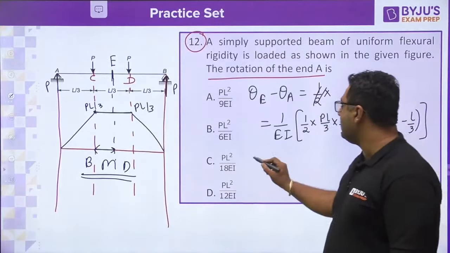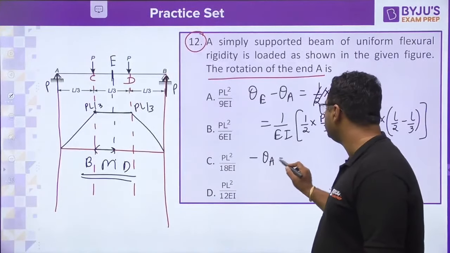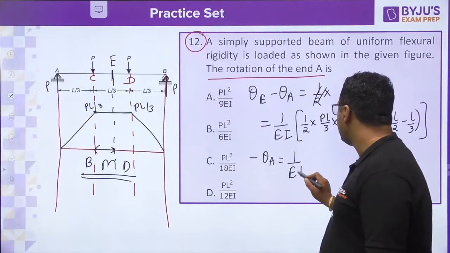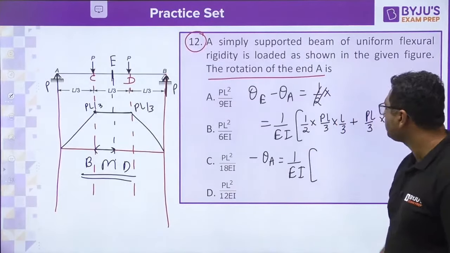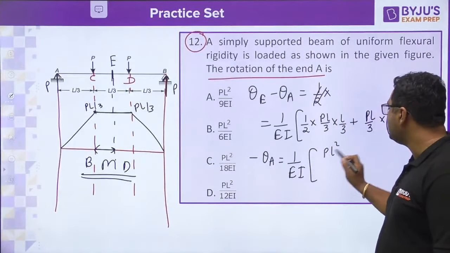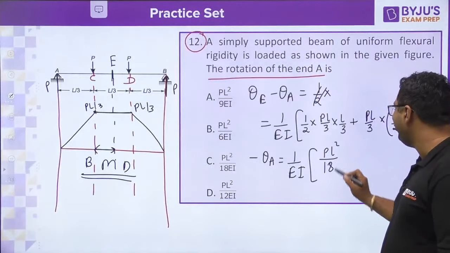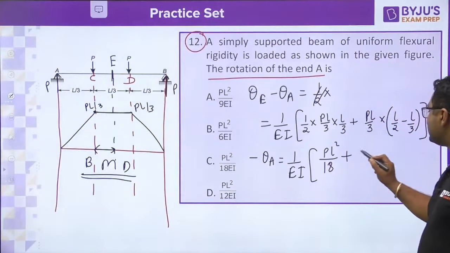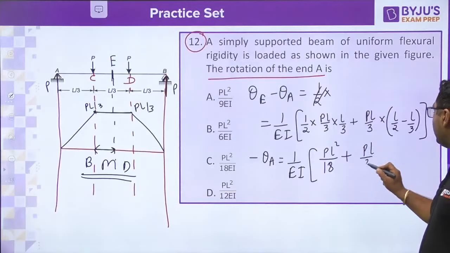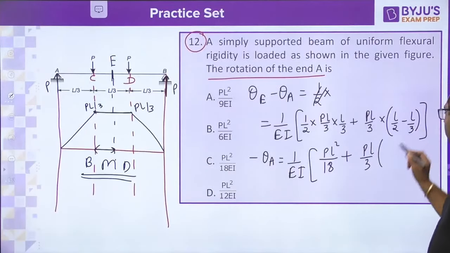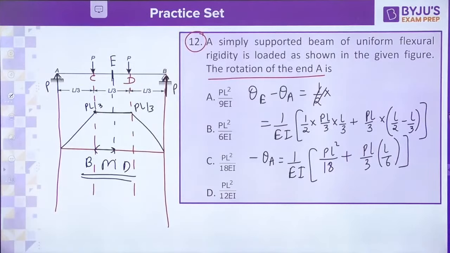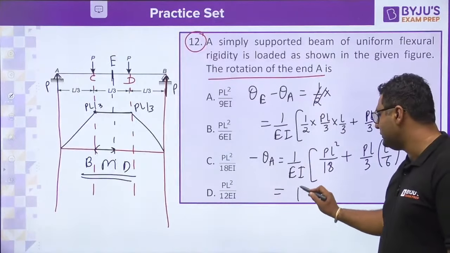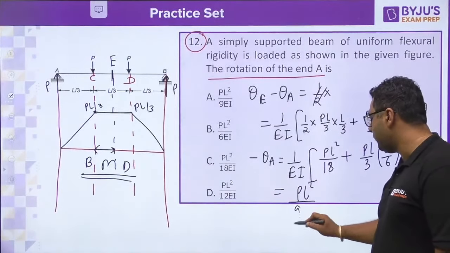So you will be getting minus of theta at A equals 1 upon EI into (PL square upon 18 plus PL upon 3 into L upon 6). So my dear, you will get PL square upon 9EI.